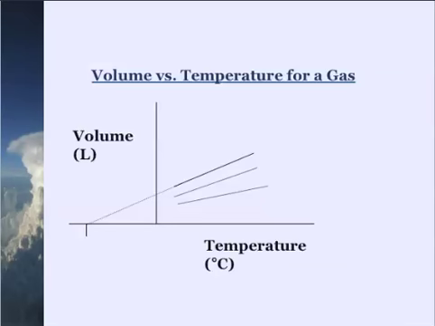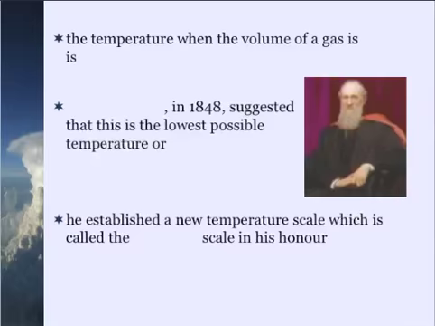They all managed to converge at the same point when we extrapolate down to a zero volume, and that is actually negative 273.15 degrees Celsius. Okay? Now, the temperature when the volume of a gas is zero is negative 273.15 degrees Celsius.